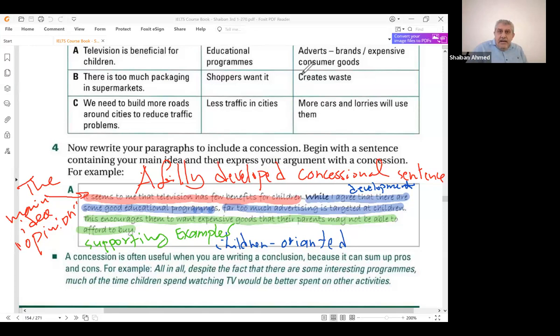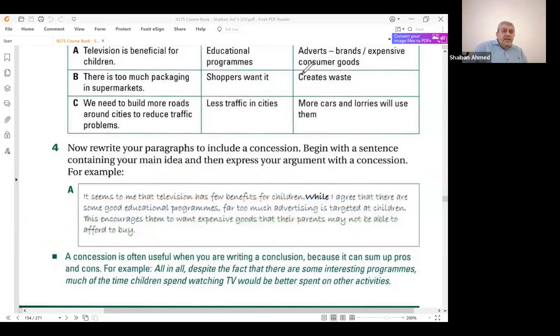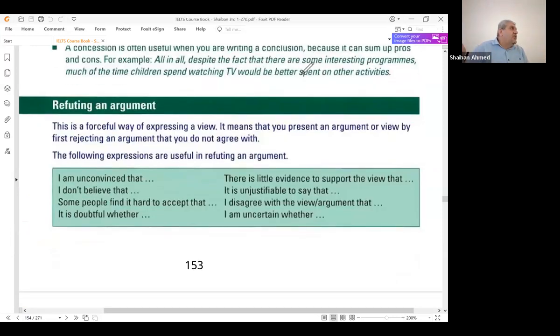We will move now to the most powerful way of showing an opinion. This is called refuting an argument. Refuting means to stand 100% against. Look at the definition. This is a forceful way of expressing a view.